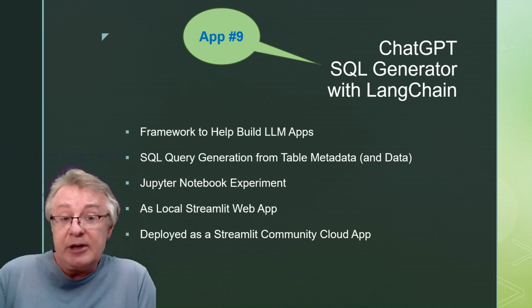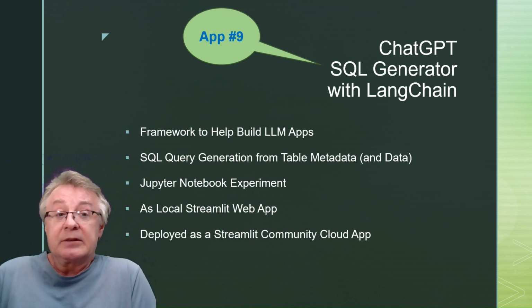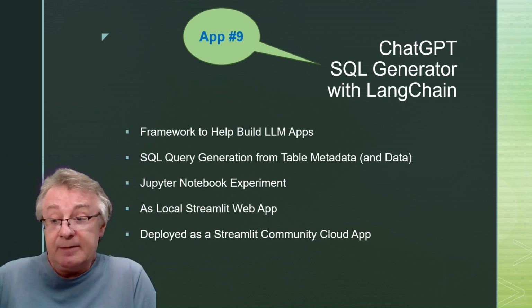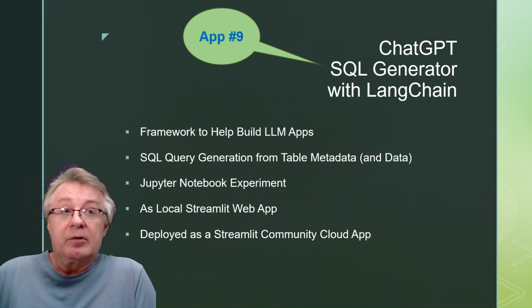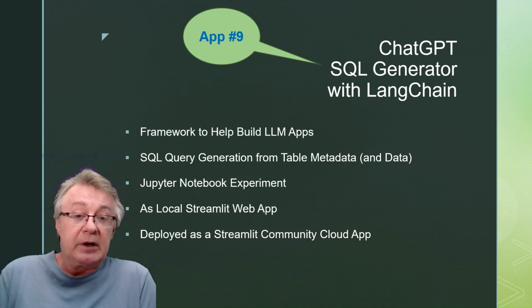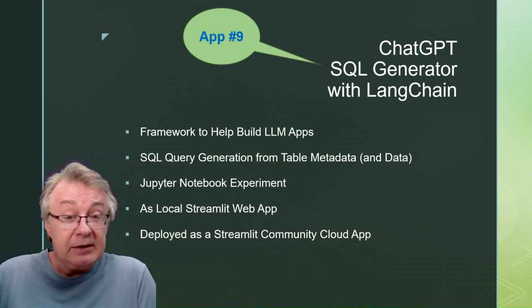But LangChain can do this automatically. You can simply connect with LangChain to a database, and LangChain will extract this metadata. LangChain may look also at 3 or 4 rows of data to figure out better what kind of SQL queries to ask ChatGPT to generate.